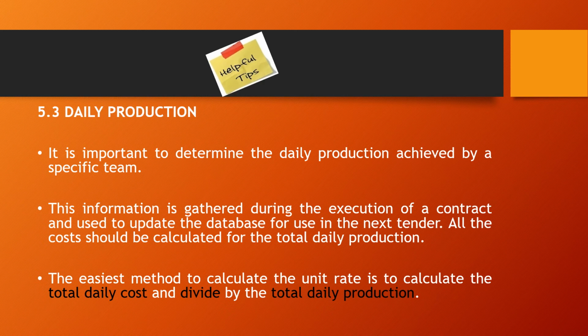Now, the easiest way to calculate a unit rate is to calculate the total daily cost of doing a specific activity. Again, let's use the same example of pouring concrete.